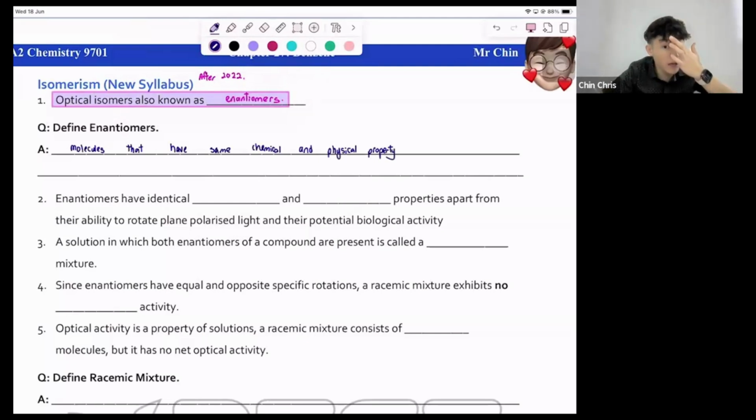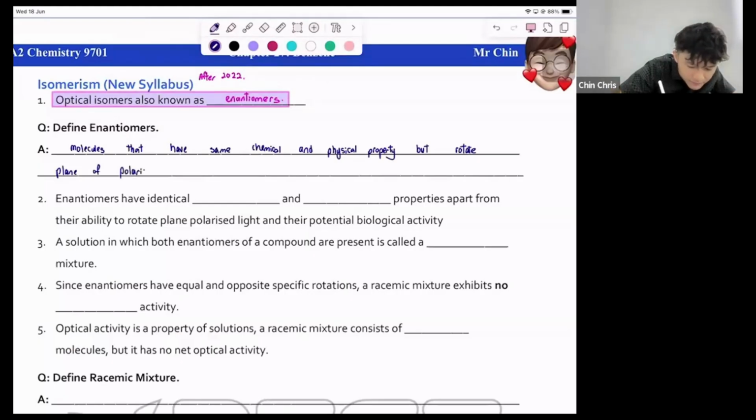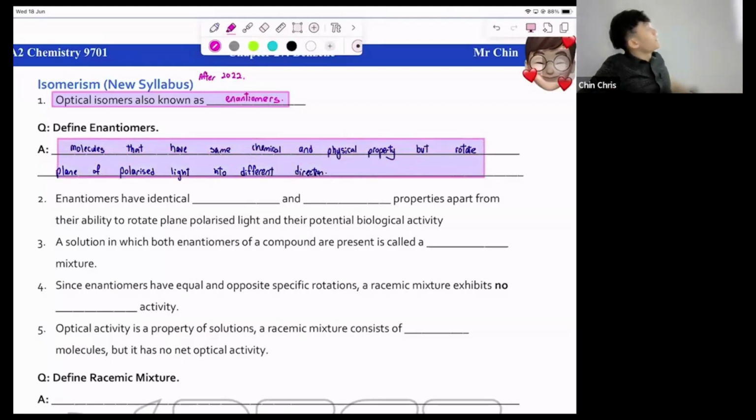Remember, a molecule that has the same chemical and physical property but rotates a plane of polarized light in different direction. Highlight this entire thingy. Okay, guys, first definition, you need to know how to define, yeah.